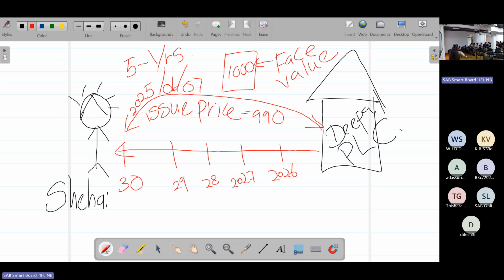Okay. Now the company needs to settle the interest. Now you have to understand this one very carefully, because the entire valuation is based on this scenario. And so it is a story.